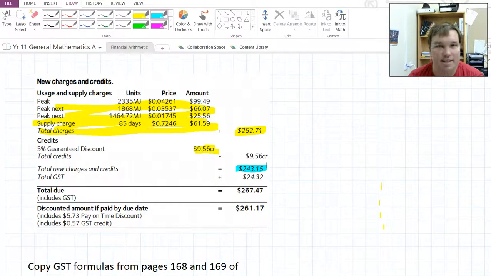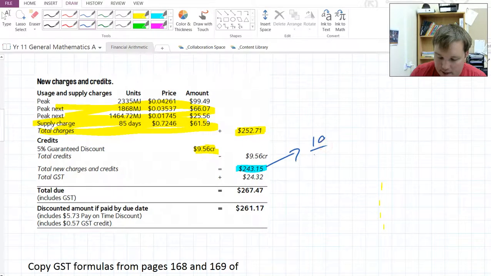And what they've done is they've found 10% of this amount. So recall, to find 10% of the pre-GST amount, what they would do is take this number, multiply it by 10 on 100, because that finds 10%, and then add on the original.